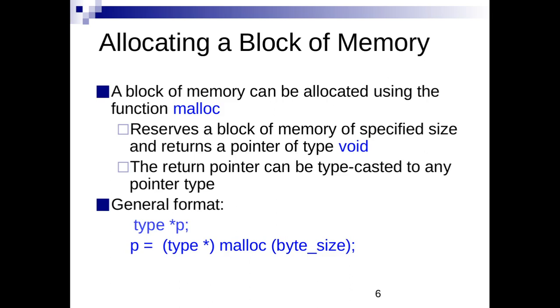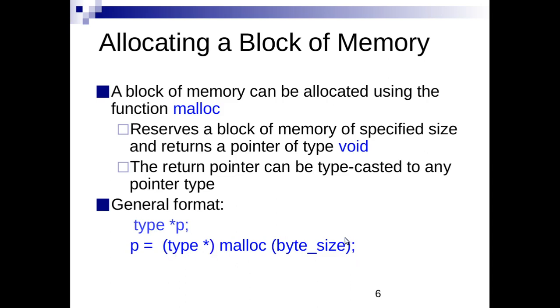A block of memory can be allocated using the function malloc. What does malloc do? It reserves a block of memory of specified size and returns a pointer of type void. We'll soon see an example. The returned pointer can be typecast to any pointer type. General format: you declare a pointer of a certain type, type *p, and then p = (type *) malloc(...), where (type *) is a typecast, followed by a call to malloc.